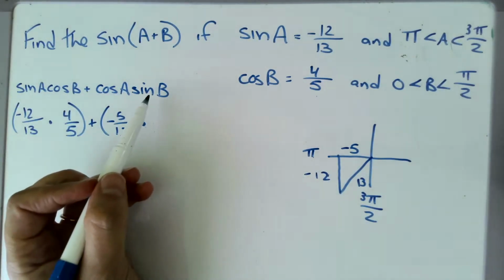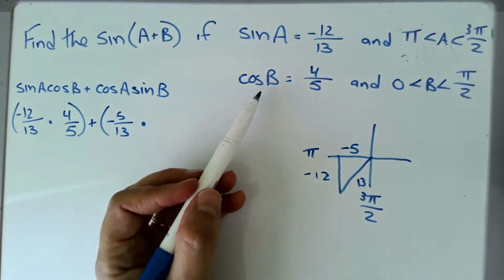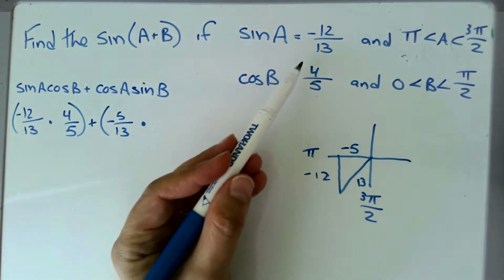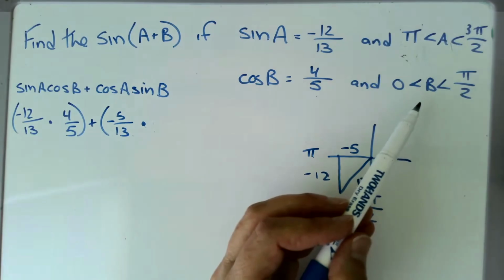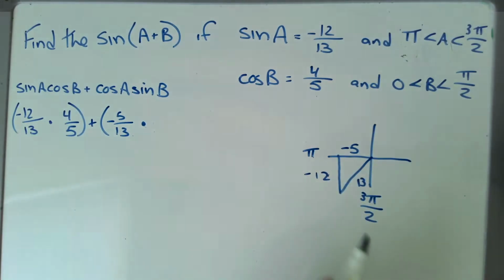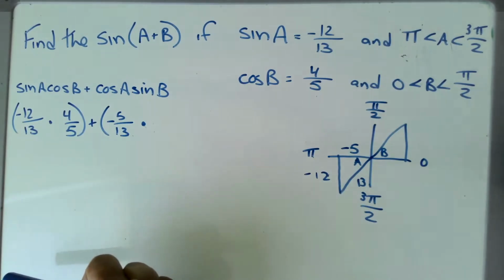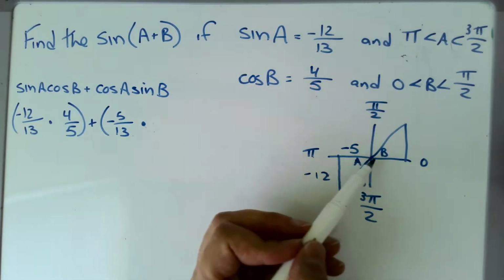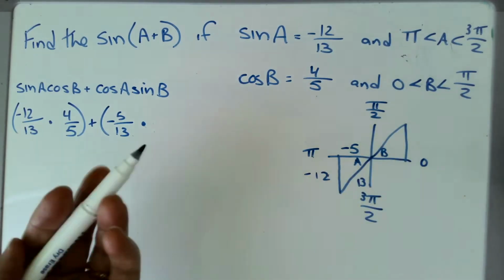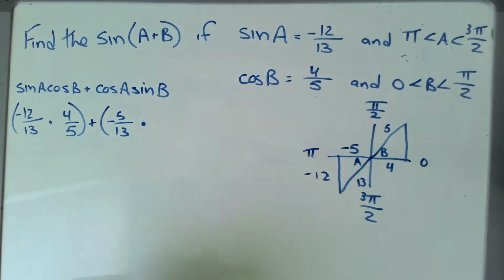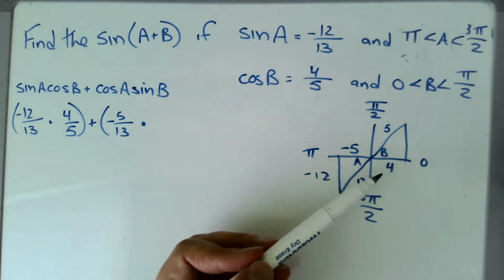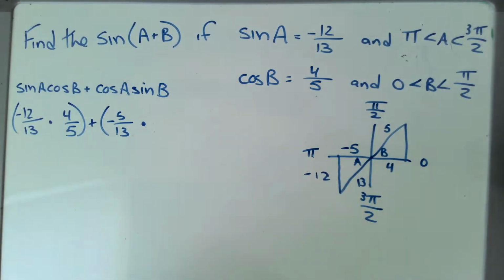And now to find my sine B, I'll do the same here. If cosine B is 4/5 and B is between 0 and pi over 2, that means my B is in the first quadrant. Cosine, adjacent over hypotenuse, 4 and 5, and then this is a blank, 4, 5 triangle. You should be screaming, that's right, 3.